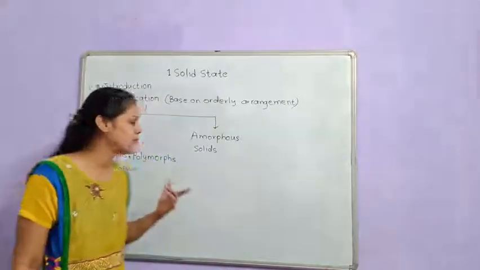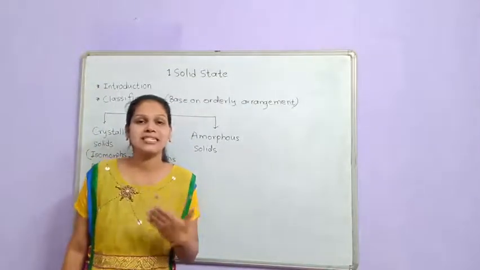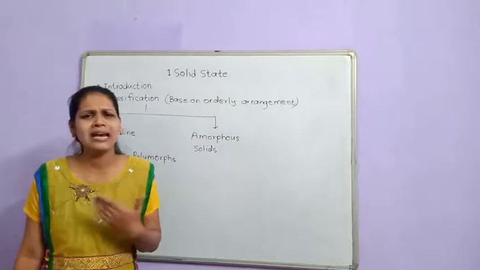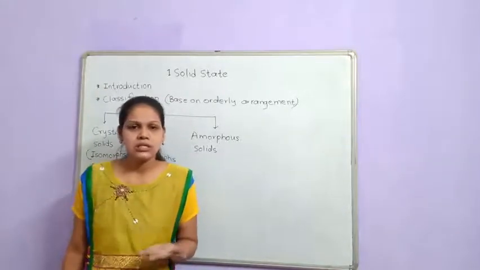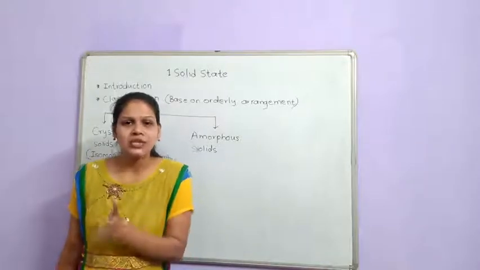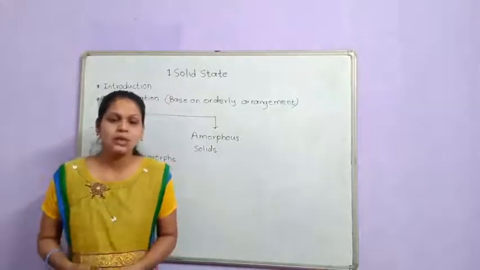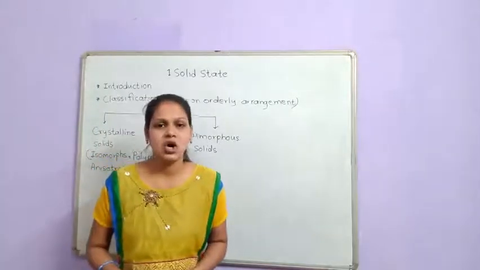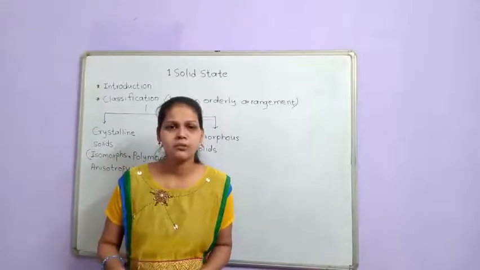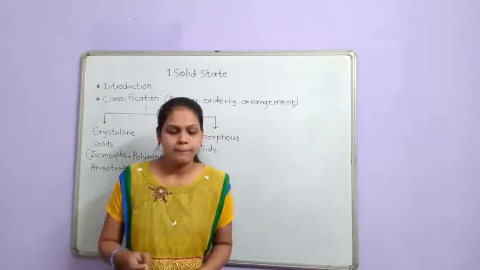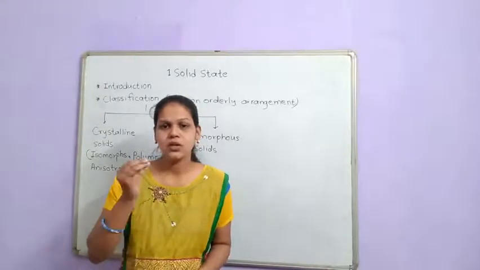Now we will see what are the characteristics of crystalline solids. When I say crystalline solid, there is the word crystal. A crystal is an aggregate of atoms, ions, particles or molecules, and this aggregate is generally called a unit cell.